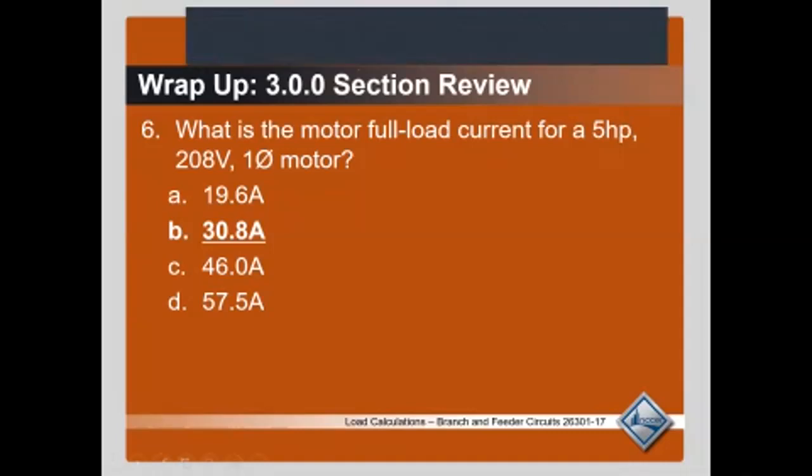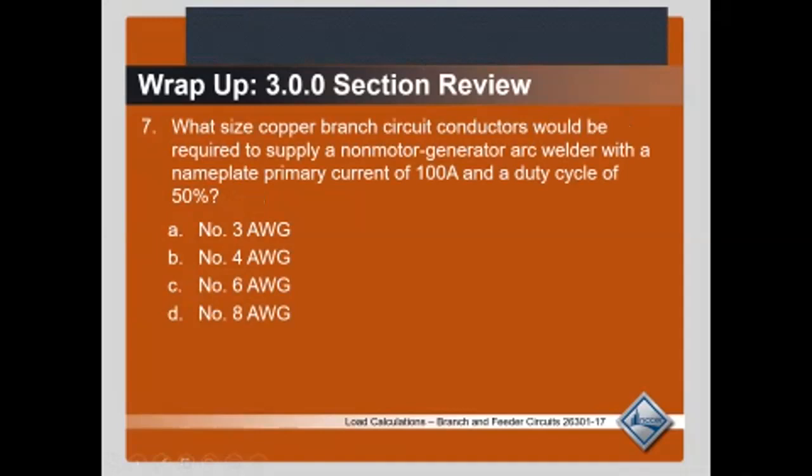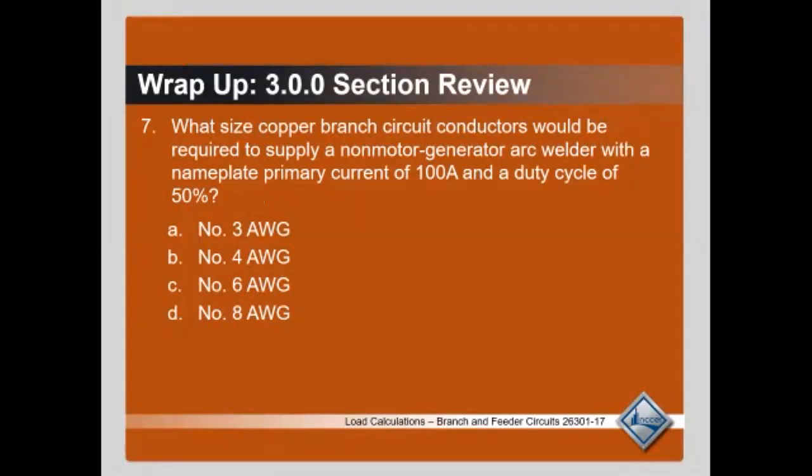All right, so what size copper branch circuit conductors would be required to supply a non-motor generator arc welder with a nameplate primary current of 100 amps and a duty cycle of 50%? All right.